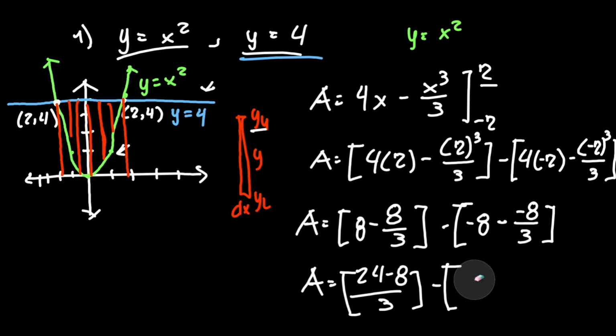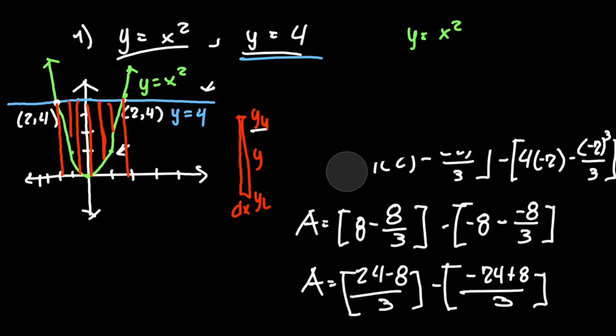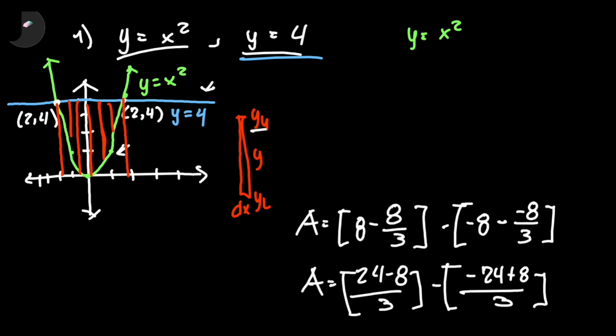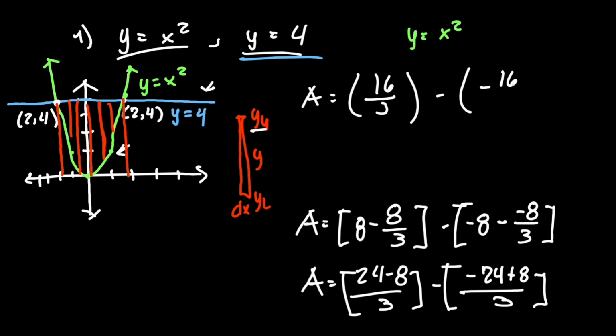Or if you want the manual method first, this would be negative 24 plus 8 over 3. 24 minus 8 would be 16 over 3, minus negative 24 plus 8 would be negative 16 over 3.